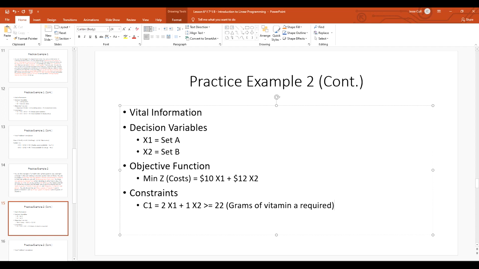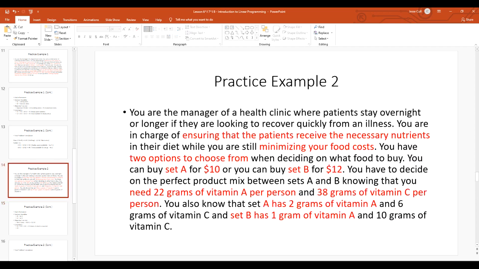So let's go back and do our second constraint, C2. From C2 we see 38 grams of vitamin C per person is also required. Set A has 6 grams of vitamin C. Set B has 10 grams of vitamin C. So we see here, now we have our second constraint.